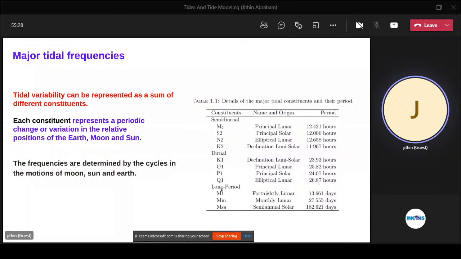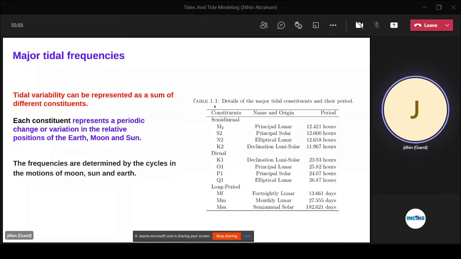Apart from these diurnal and semidiurnal constituents, there are long period tidal constituents known as MF, MM and MSA. These are related to the movements of the Moon, the semi-annual cycle of the Sun and the monthly cycle of the Moon.